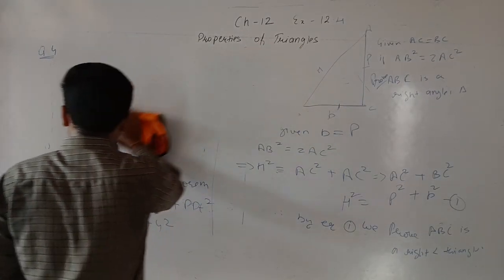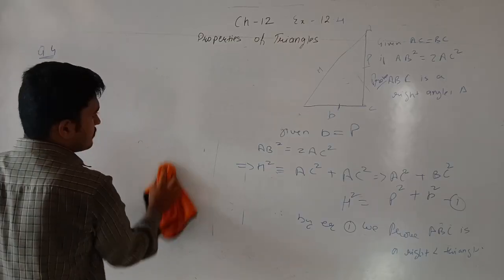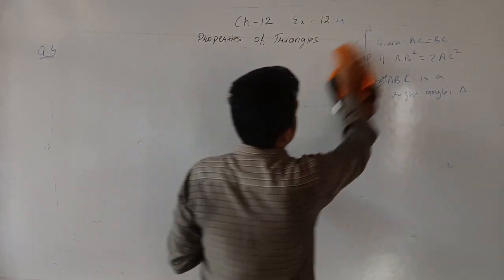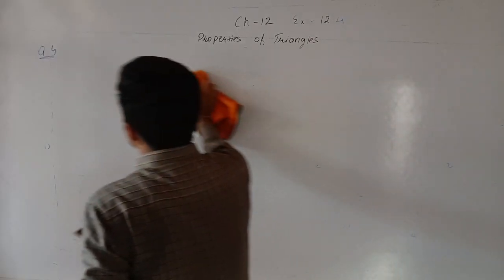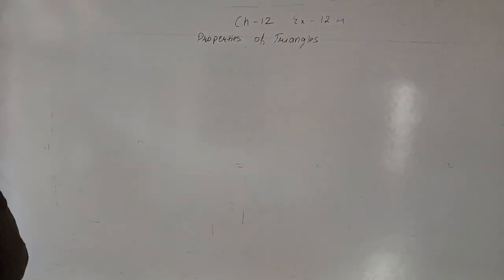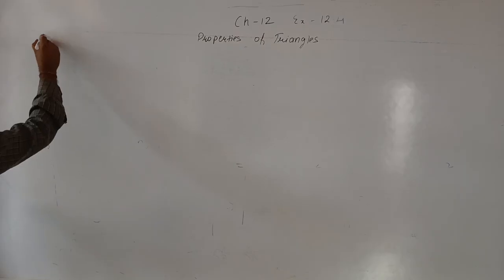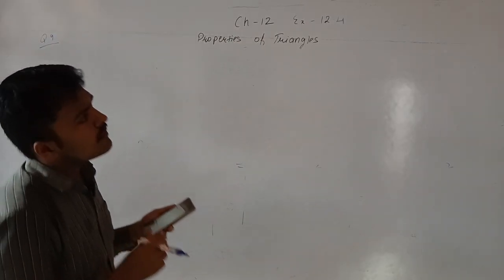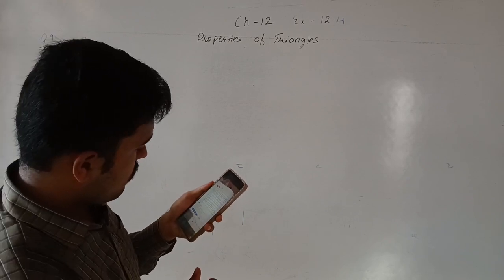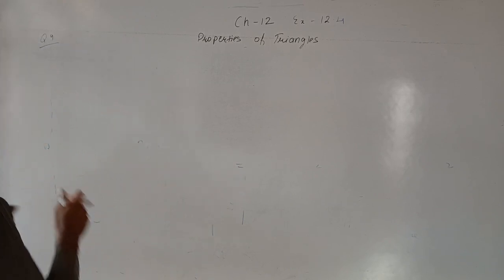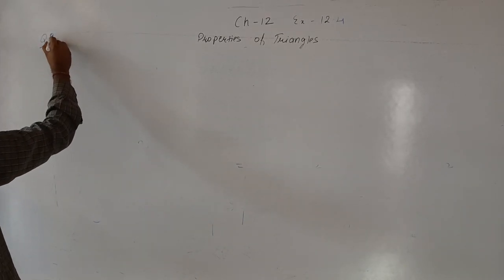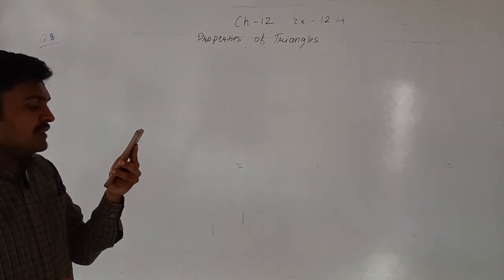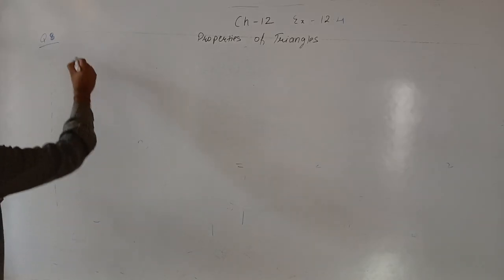Question 8 is the next question in our syllabus. A right angle triangle is an isosceles triangle.